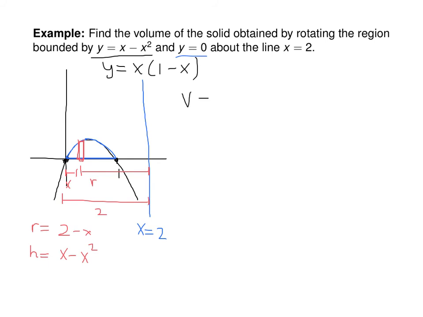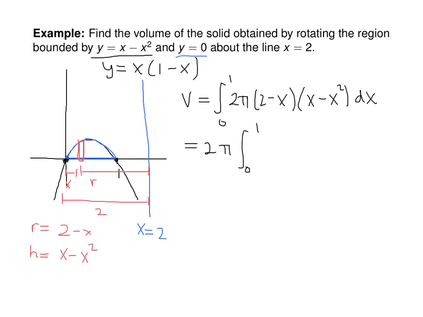So my volume will equal an integral from 0 to 1. 2 pi r, so 2 pi times (2 minus x), times your height, which is x minus x squared. Factor out a 2 pi, and we're going to multiply together these two terms, which gives us 2x minus 2x squared minus x squared plus x cubed dx.